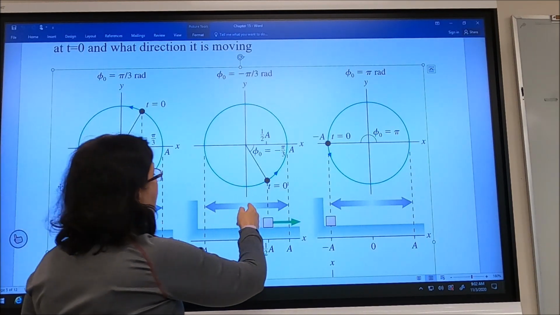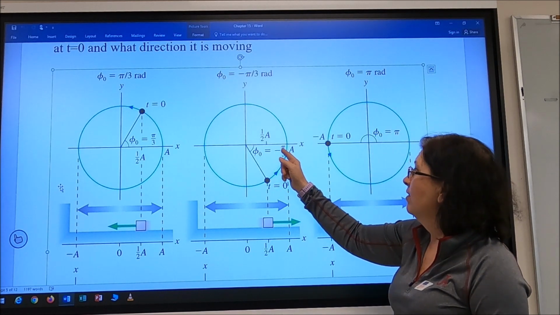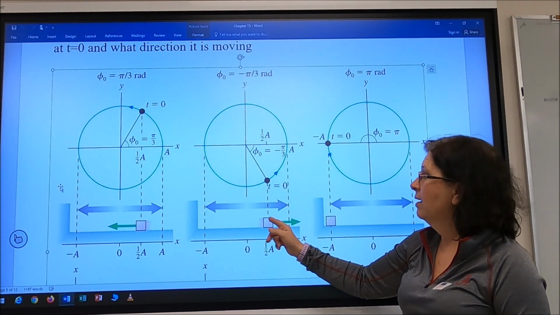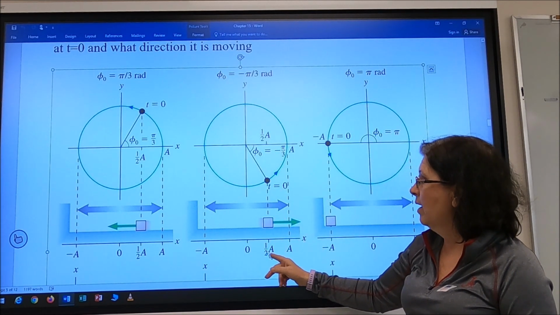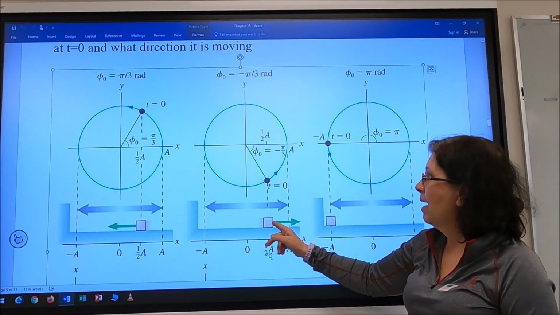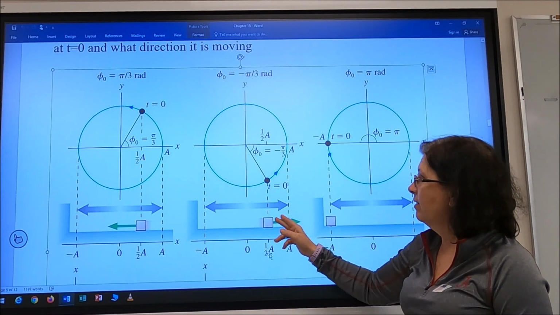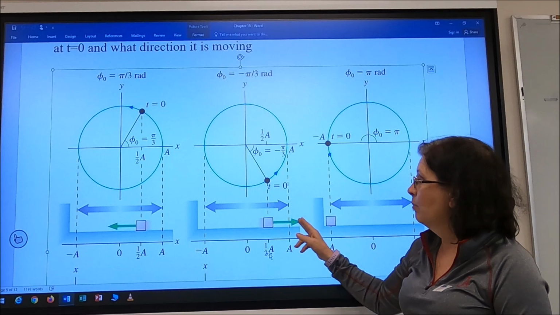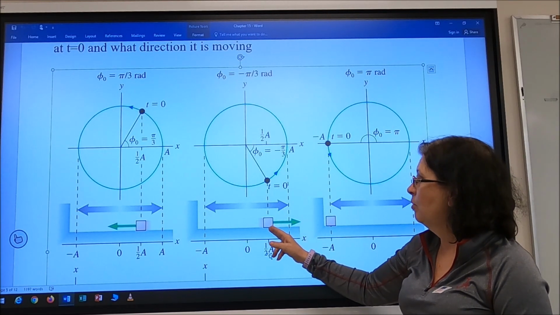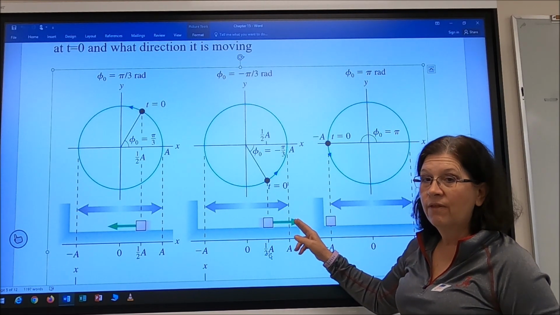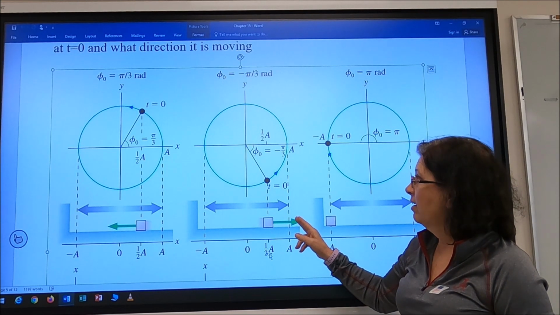If I look over here, minus pi over 3, I'm in the same position, 1/2 A, but I'm traveling to the right. So position is positive, and velocity is positive.